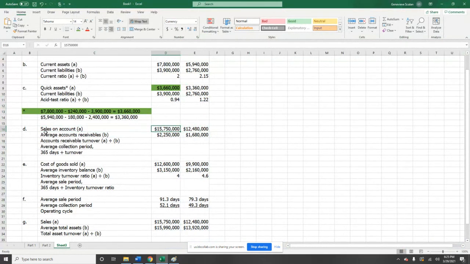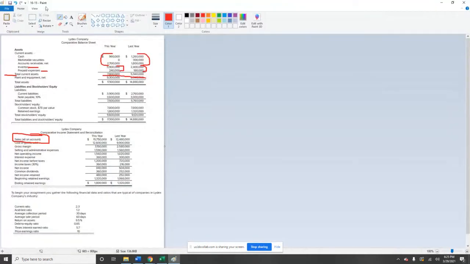So we need our sales on account and our average receivables. So remember, average is ending account balance plus beginning account balance divided by 2.